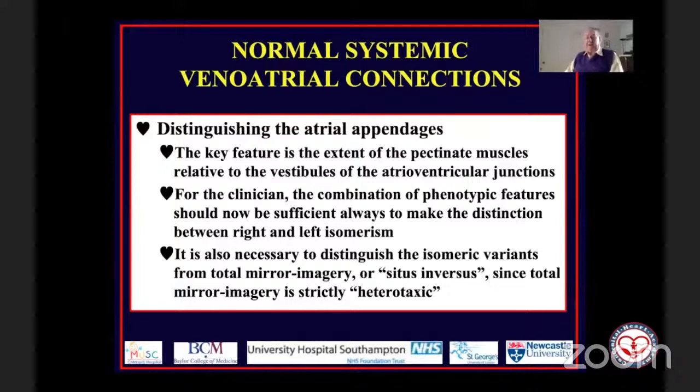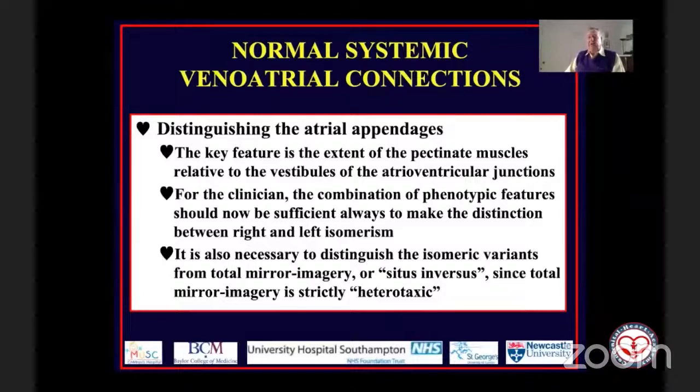And it's also necessary to distinguish the isomeric variants from total mirror imagery, because total mirror imagery itself is not normal. It is the mirror image of normal. So strictly, that is heterotaxy, since heterotaxy is anything other than usual.